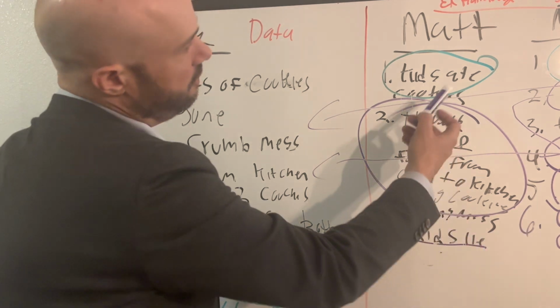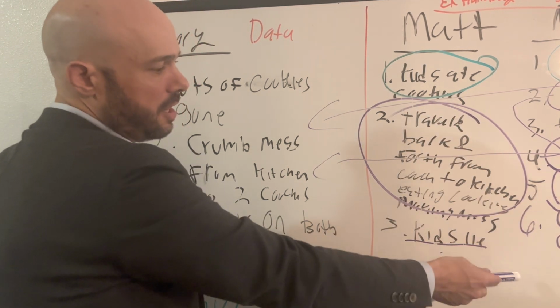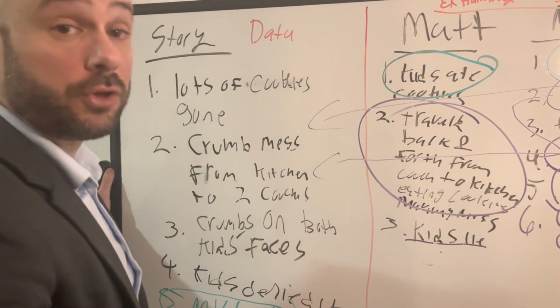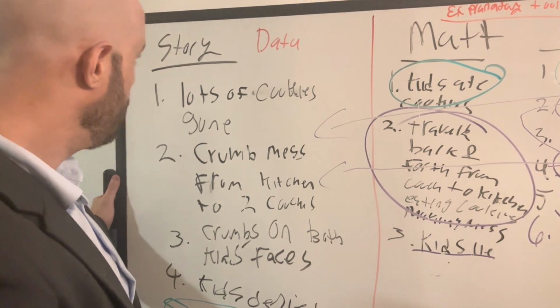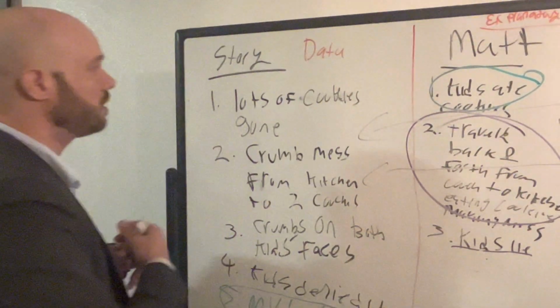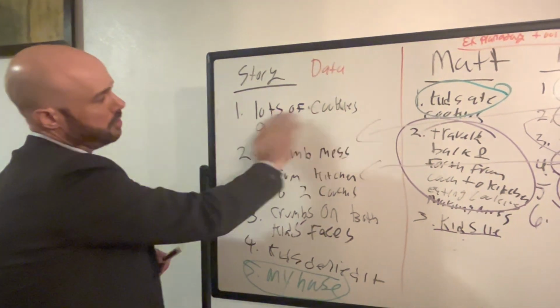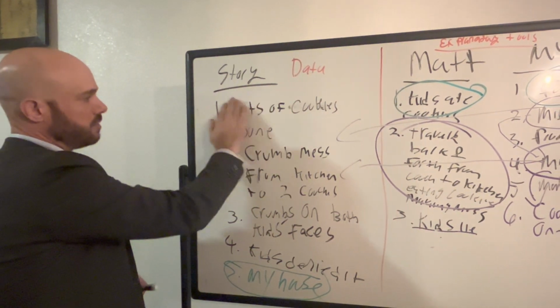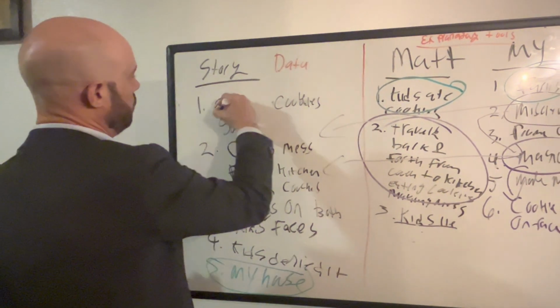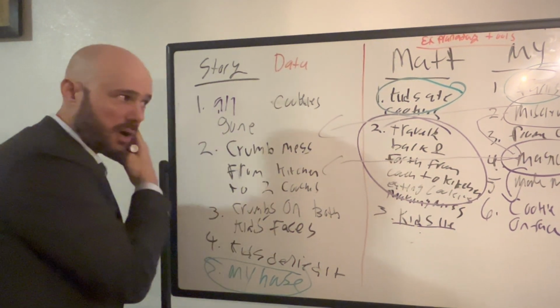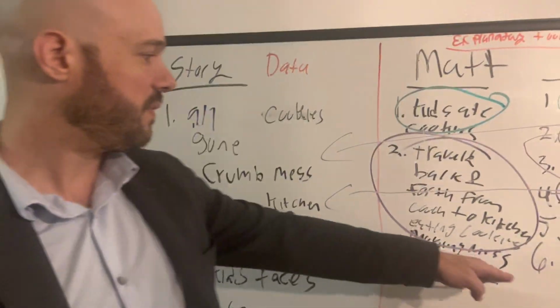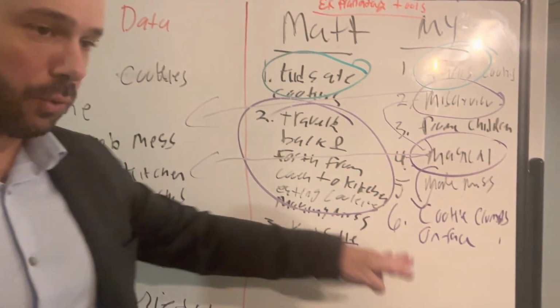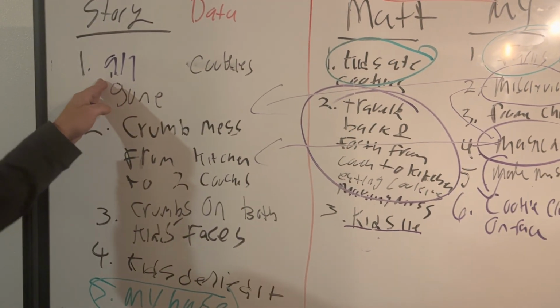Say, for example, my explanation had another data point that said they found the cookies behind the door. Well, that would contradict this statement, which is intended to be all the cookies are gone. So if I had down here that I found it by the door, that would contradict number 1.